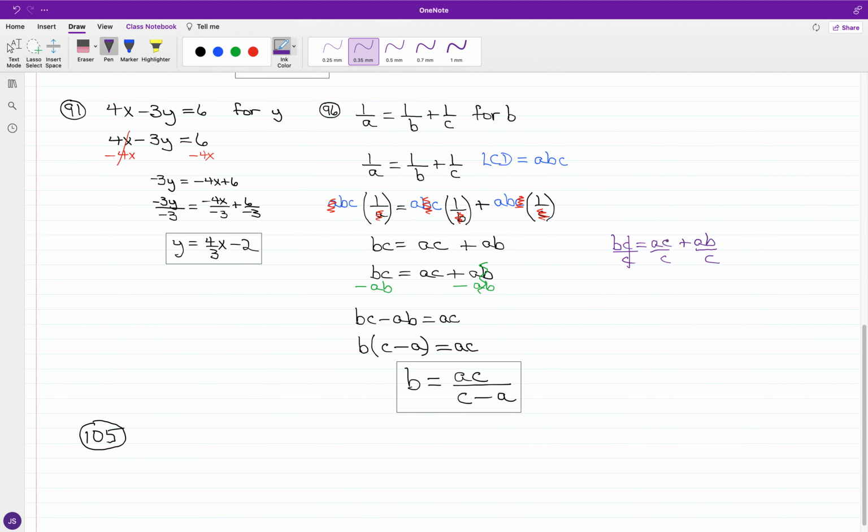The c's go out here, and I have b is equal to a plus ab over c. I still have this b term.